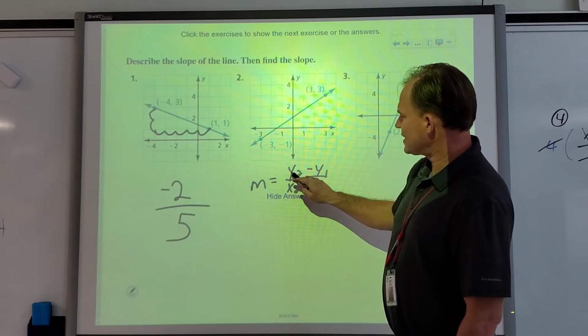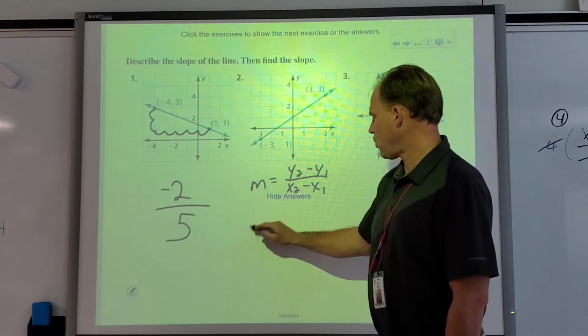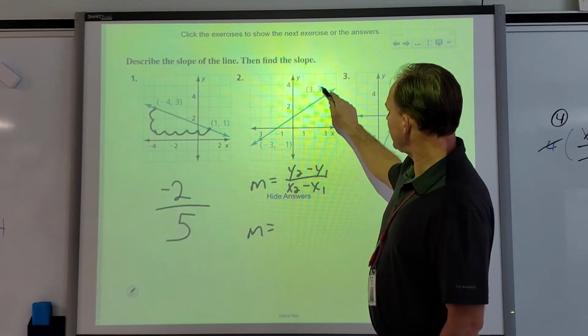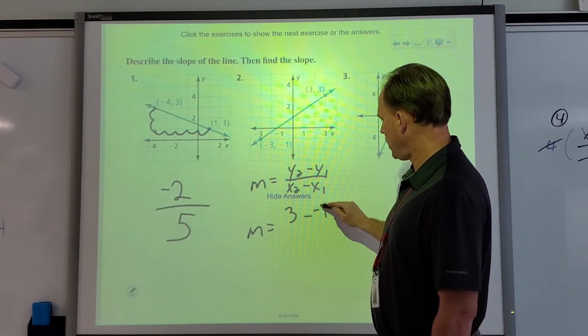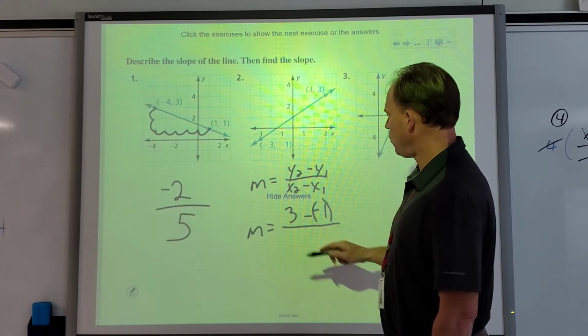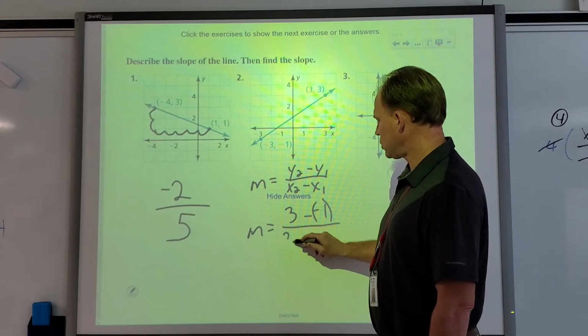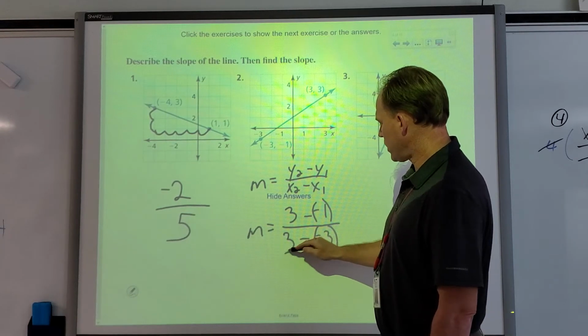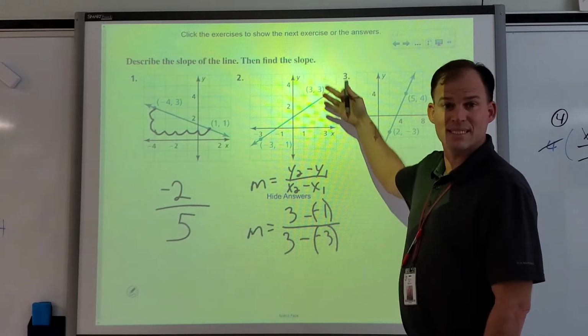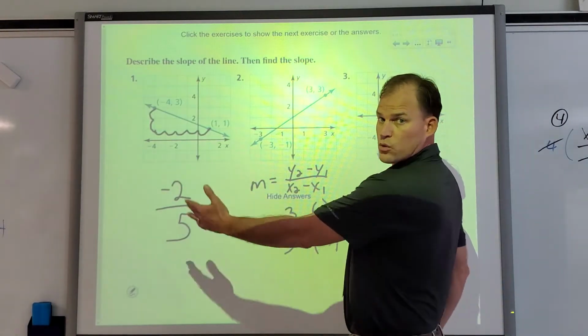So it says take the second y minus the first y. The second one is +3. The first one is -1. So it's minus -1. The second x is 3. The first one is -3. So it's 3 minus -3. Second one minus the first one. Again, read left to right.